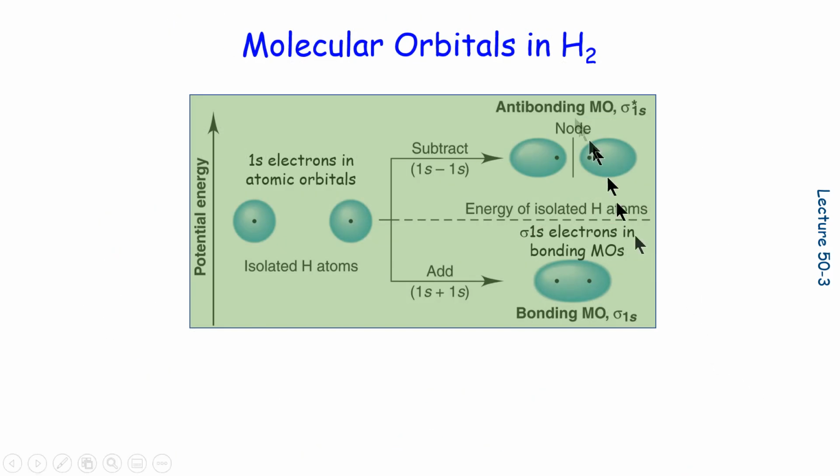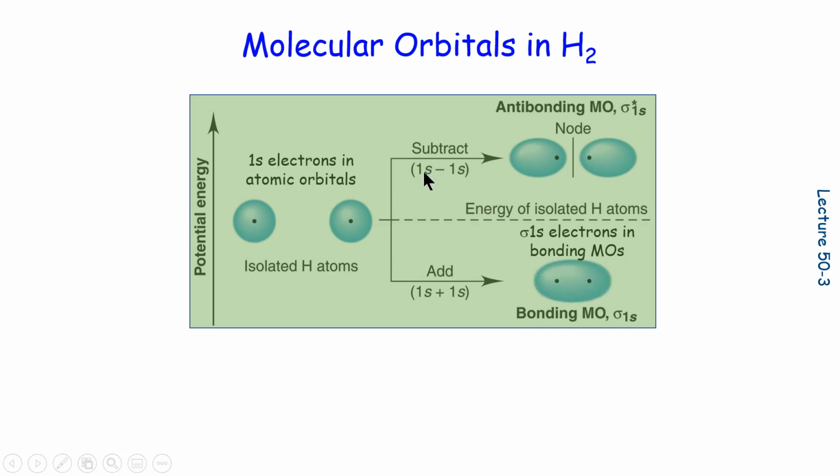Now let's take a look at the hydrogen molecule. Before the hydrogen molecule is formed, you have two isolated hydrogen atoms. And this y-axis is the energy axis. Now, when we place the two isolated hydrogen atoms together, then here is the bonding molecular orbital.